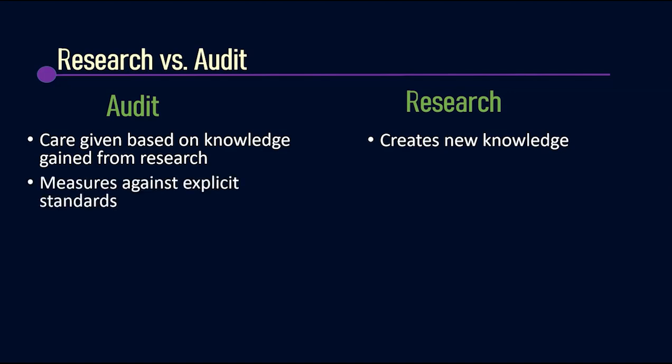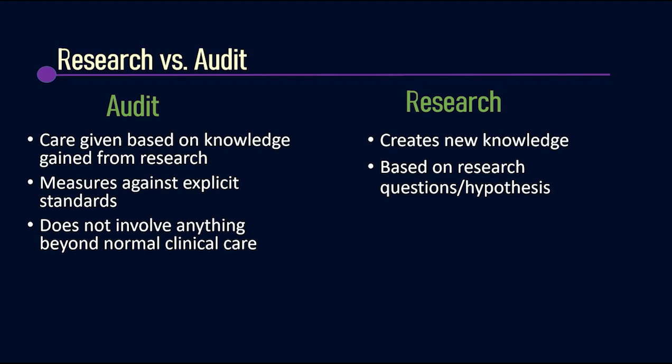Audit measures against the explicit standards which we describe in the explicit criteria, whereas research is done based on research questions and hypotheses. Audit does not involve anything beyond normal clinical care. You do not do anything innovative in doing audit.